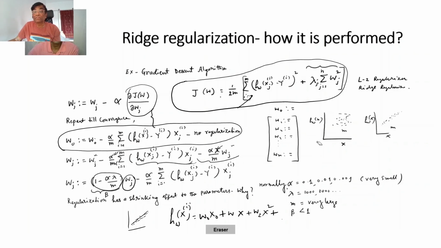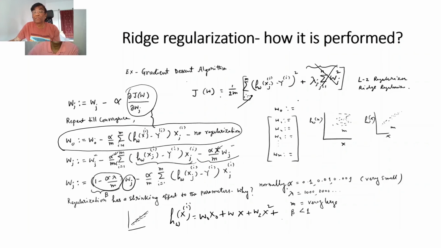Now, in case of lasso regularizer, we do a similar kind of thing, but instead of this, we put the sum of Wj, j equals 1 to n. In putting this penalty lambda, which is directly multiplied with the parameter, you cannot so easily differentiate because Wj is not squared, so it will vanish if you differentiate.